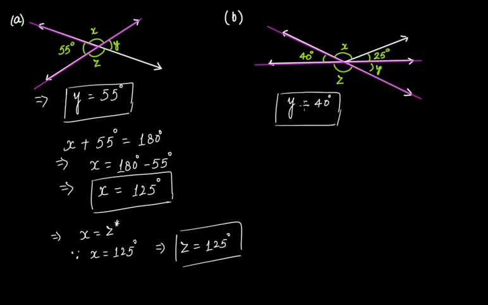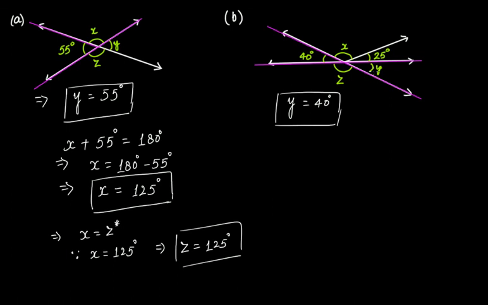Clear? Now, are angles x and z vertically opposite angles? The answer is no, because this x is related to this line and not to this one. Z is being made by this line and this line, but x is being made by this line and this line and not from this one. Therefore x and z are not vertically opposite angles.